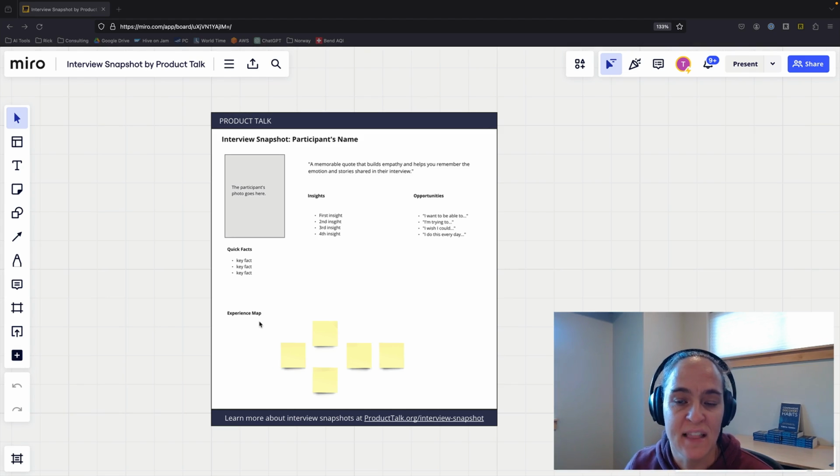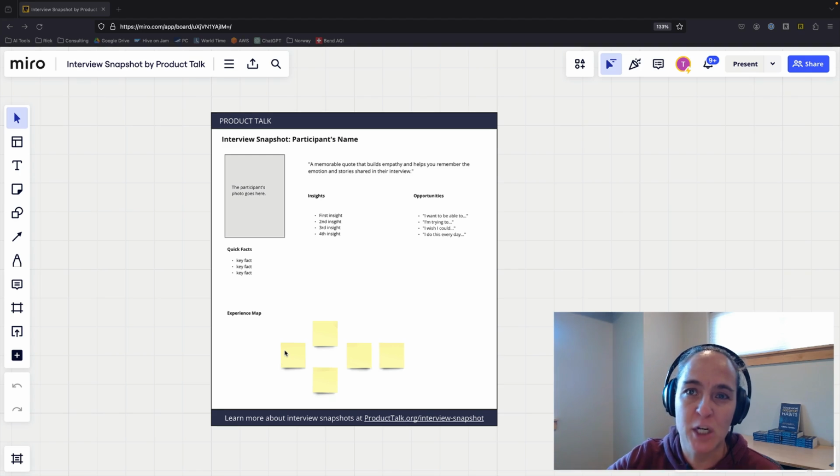And one of the things I like to have teams do when they're synthesizing what they heard in the story is to draw an experience map that represents that story. This is a really great synthesis activity. It's rare that your participant is going to tell their story in a neat and tidy narrative where they just go from the beginning to the middle to the end. Instead, they're going to wander, they're going to recall facts.